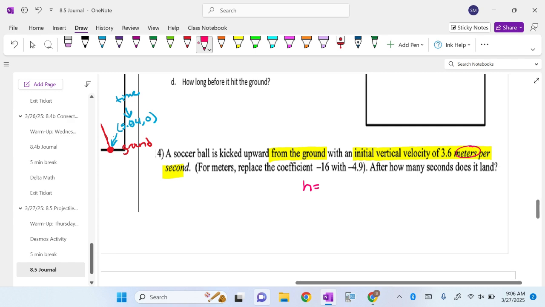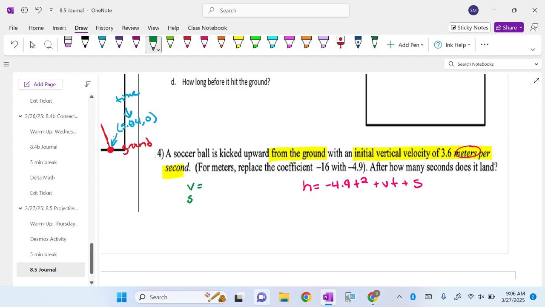So h is equal to negative 4.9 t squared plus vt plus s. All right, that's the formula we're using. So let's define my variables here. Let's just write the equation first and define our variables. So I need to find what v and s are.